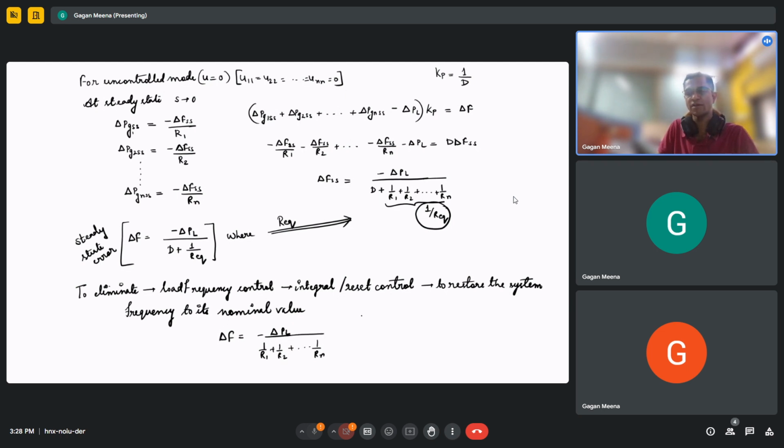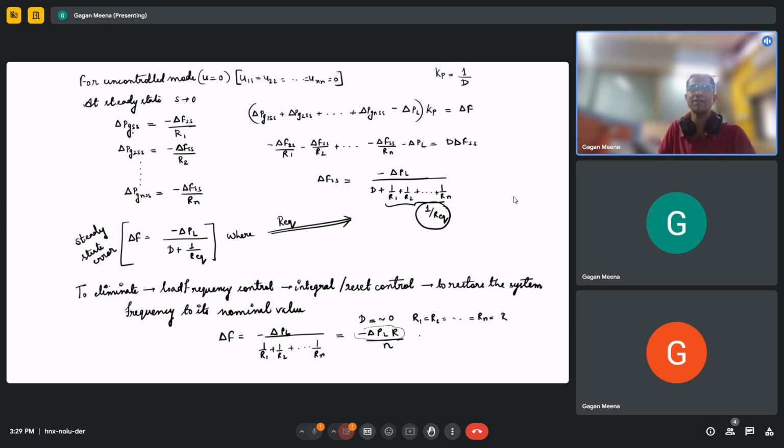And also if we assume D is almost 0 and R1 equals R2 up to Rn equals R, let's say, this will become minus delta PL into R divided by N. So if N is equal to 1, that means only one generator, then it is delta PL by R. And if we increase the number of generators, delta F is reducing.